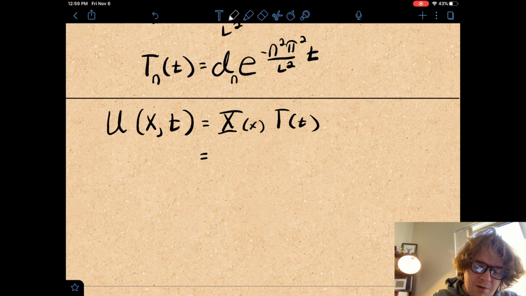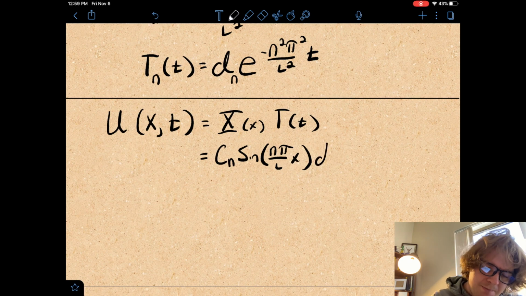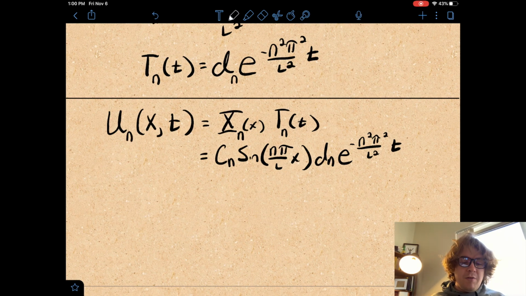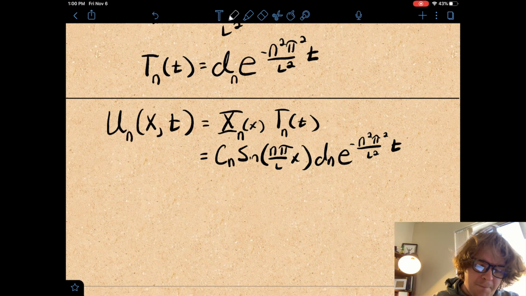Well, our x's look something like c sub n times sine of n pi over L times x, and our t's look something like d sub n times e to the negative n squared pi squared over L squared times t. But now because each of these depended on n, what we really have is our product of our x sub n's and our t sub n's, and that gives us a different u sub n for each value of n.